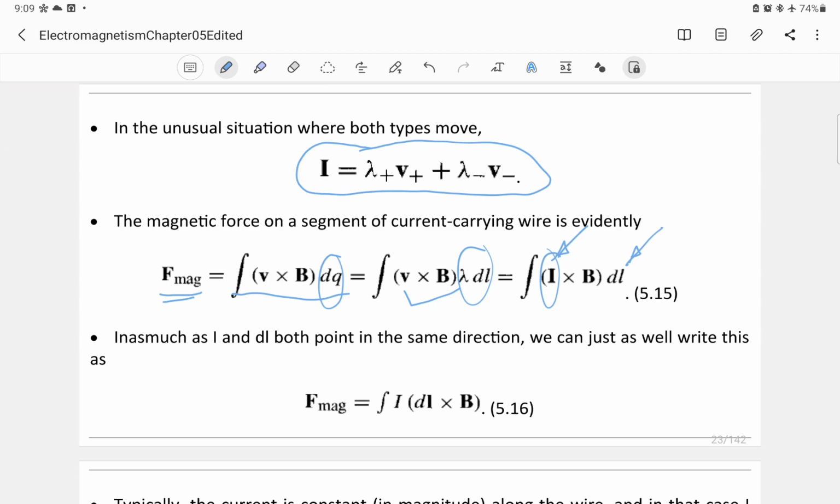So we can also write this F mag with the direction put on dl, not on the I. If you write this by hand, this would be F mag, the magnetic force, equal to the integral of I dl cross B.